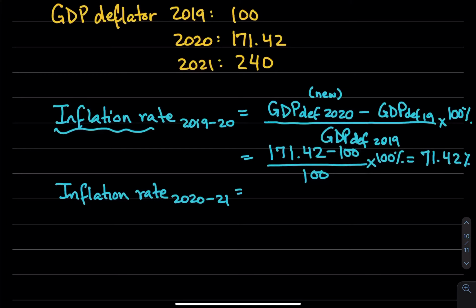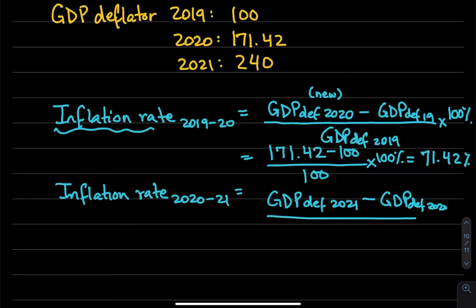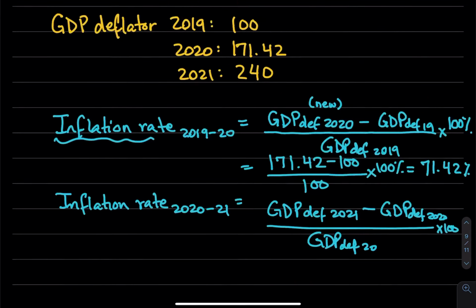But you can also do this for between 2020 and 2021. So we can write down what the GDP deflator is for the new year, which is 2021, minus the GDP deflator for 2020 divided by the GDP deflator for 2020 times 100%, okay?